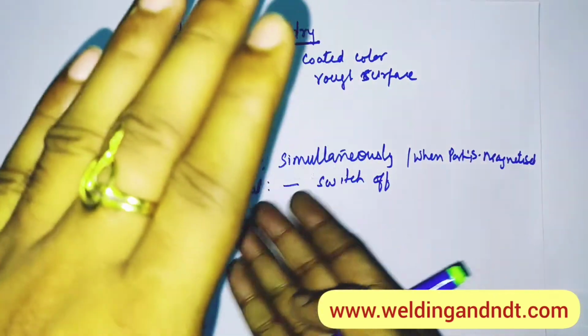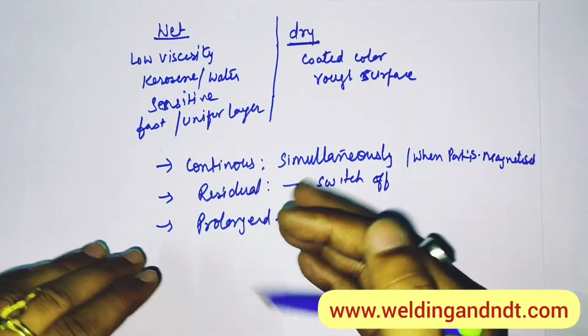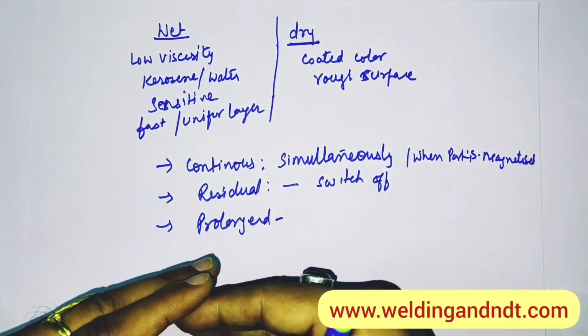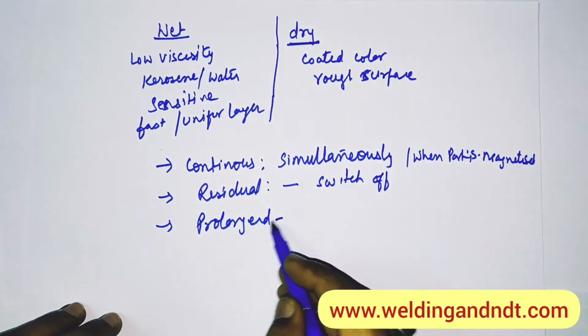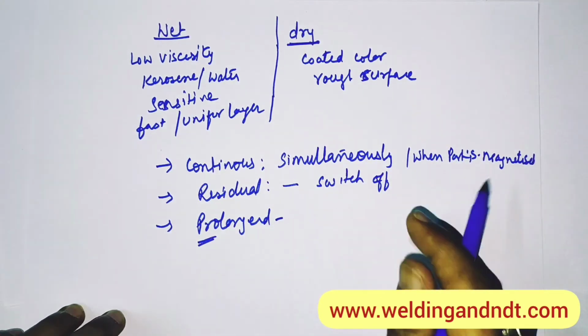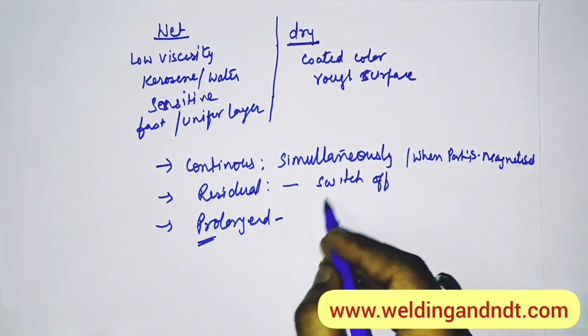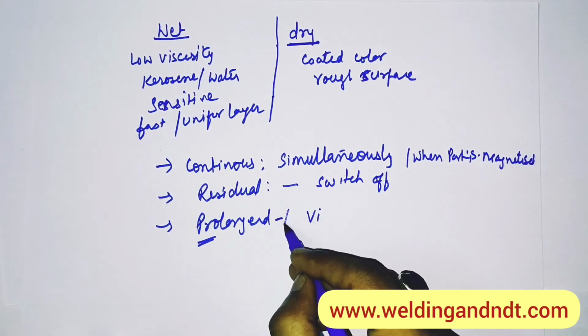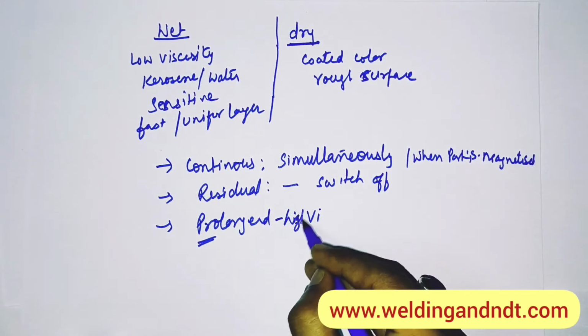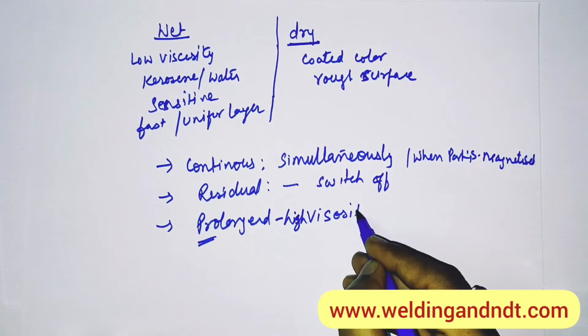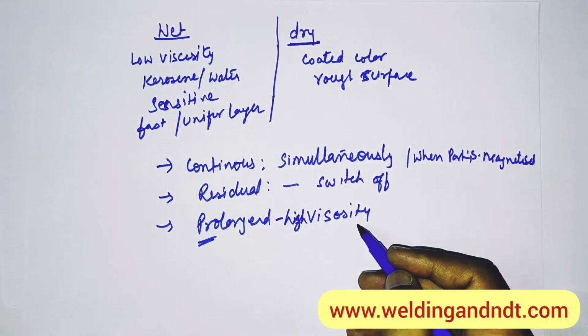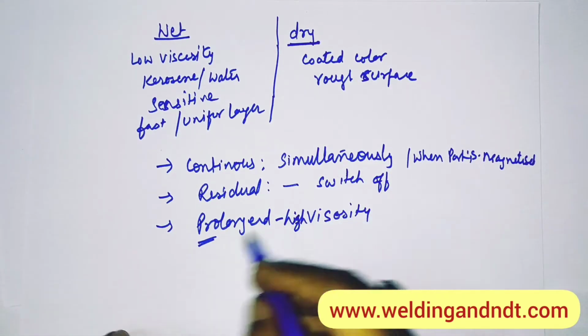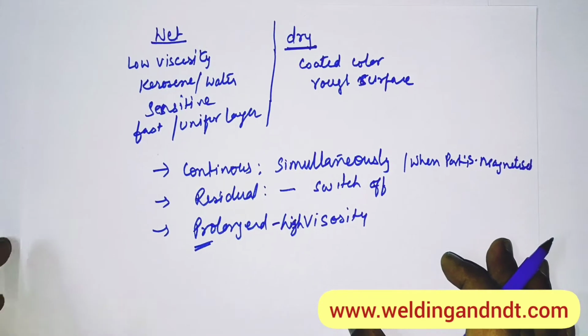In an overhead position you will not be able to apply wet or dry particles, so you need the prolonged method. In the prolonged method we use particles with a high viscosity liquid. So when overhead parts have to be checked, we need prolonged particles.